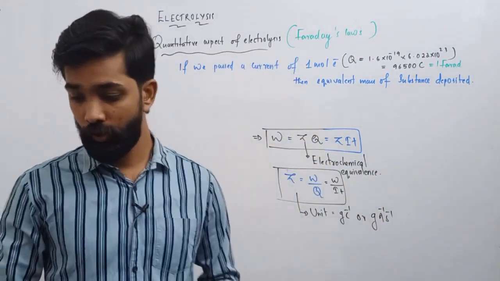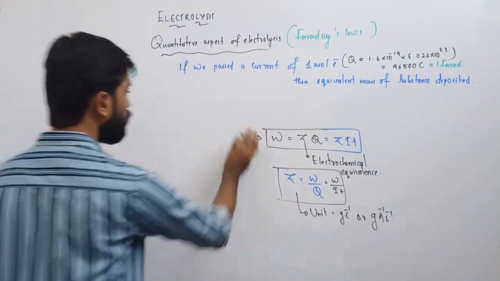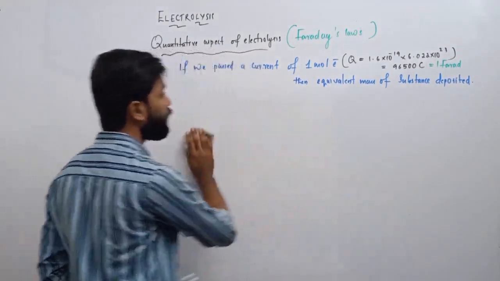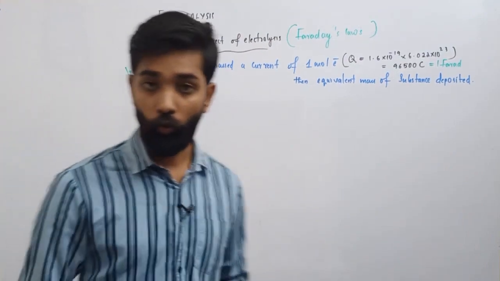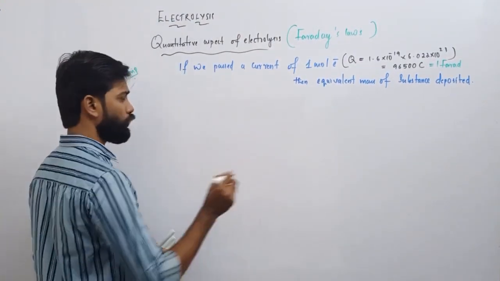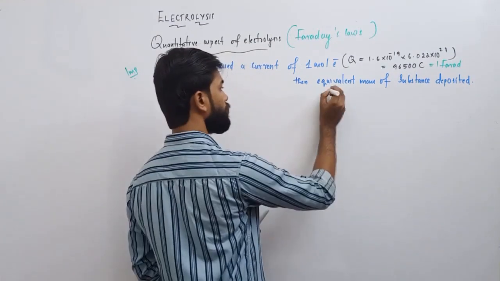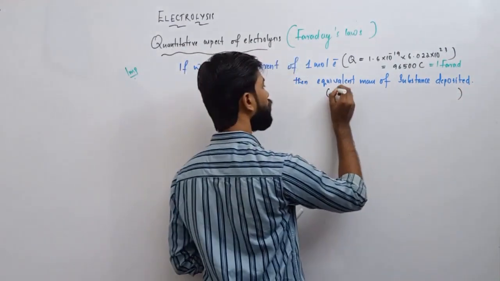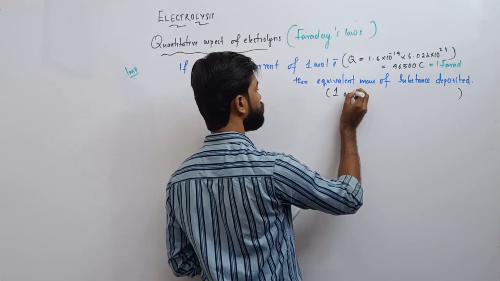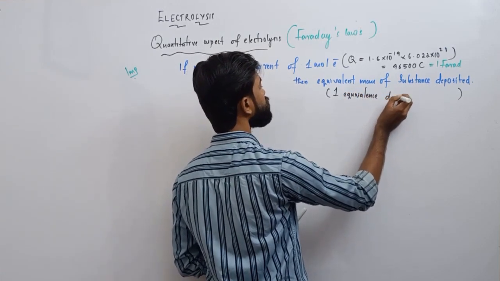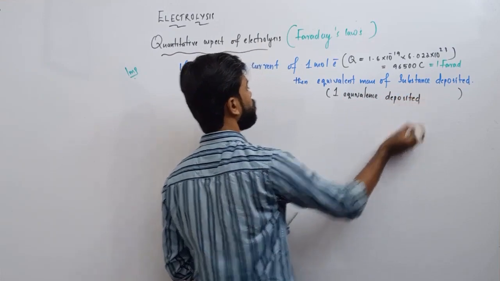Are you okay with that? So simply, equivalent mass of substance deposited means 1 equivalence deposited.